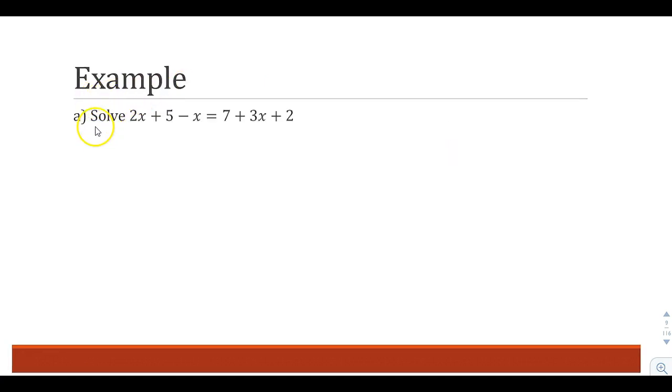In the next set of examples, we have a little bit more to do to solve these linear equations. I want to be clear though, this is a linear equation because although I have more terms involving x, each of those terms simply is x to the first power. So to solve, what I'm going to have to do first is combine like terms on each side of the equal sign.